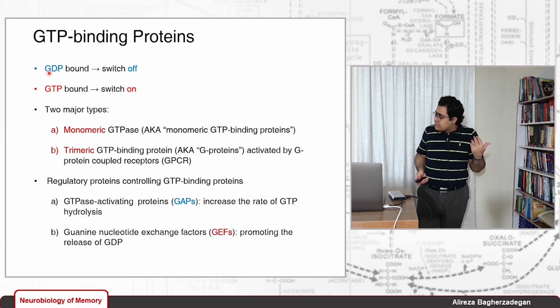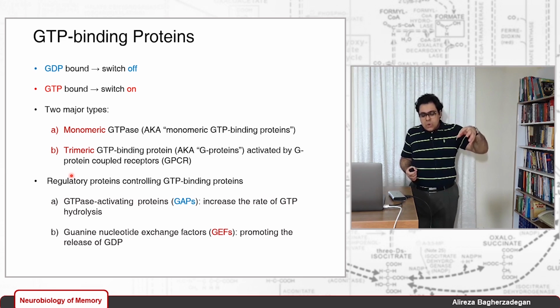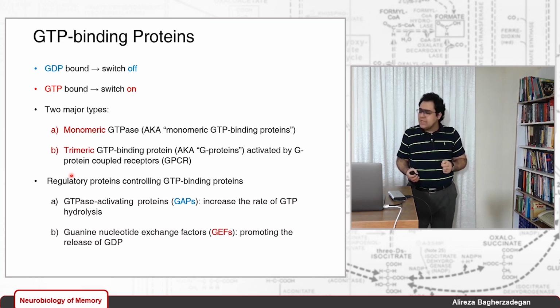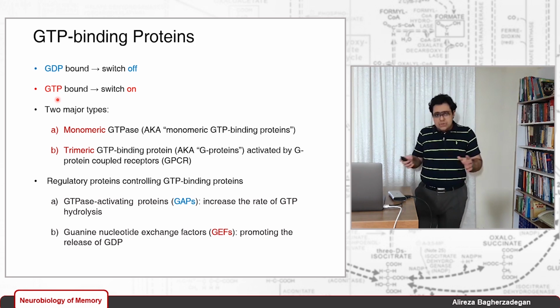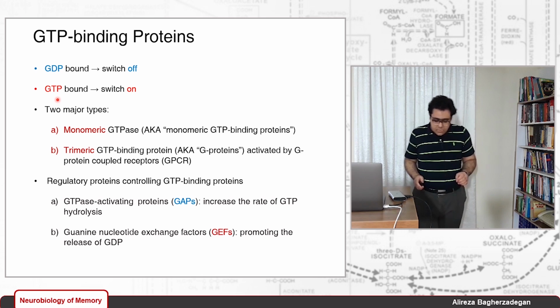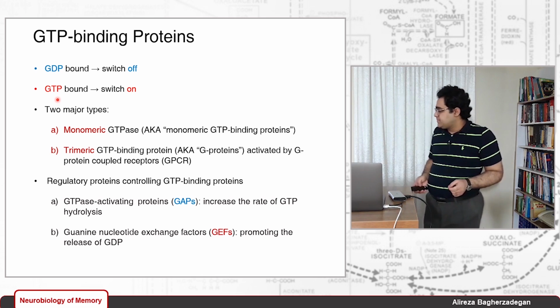And we have another kind of regulatory protein, which is guanine nucleotide exchange factor. Its role is to promote the release of GDP so that GTP, guanine triphosphate, can bind to the G protein. And again, as I told you, when GTP is bound, the G protein is activated. So the key role of GEFs, guanine nucleotide exchange factors, is to activate G proteins. I'm going to talk about their mechanisms and their function as well.